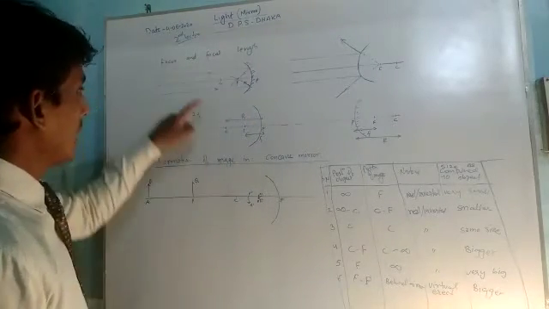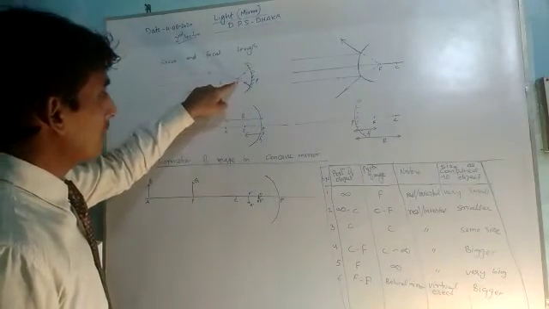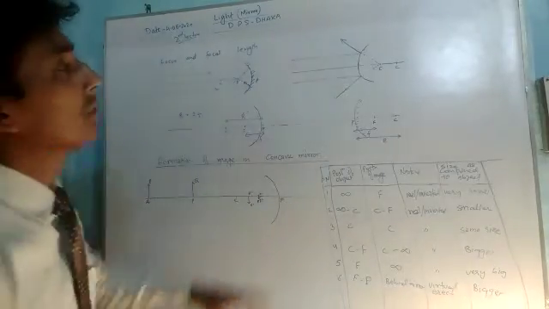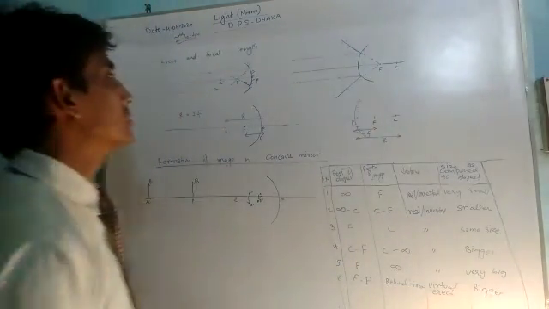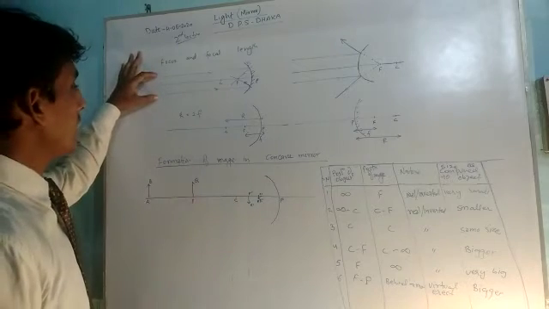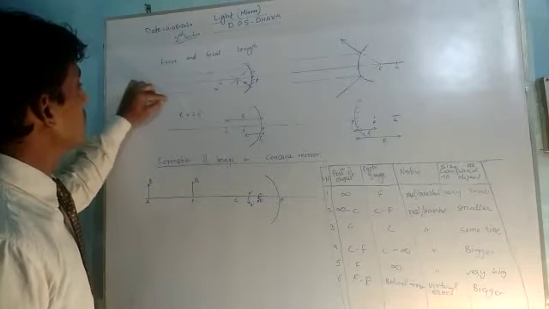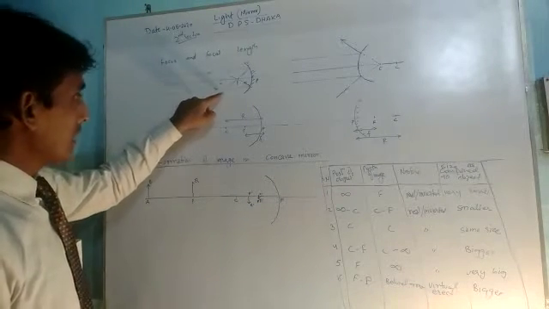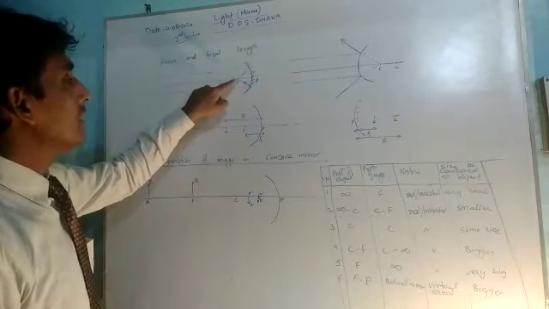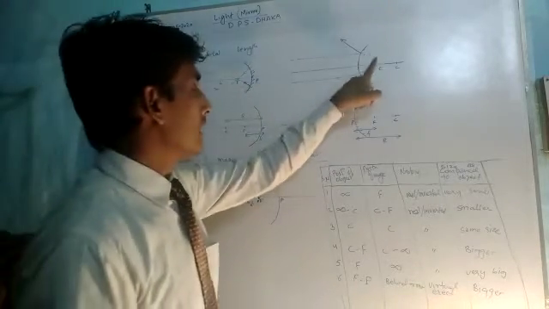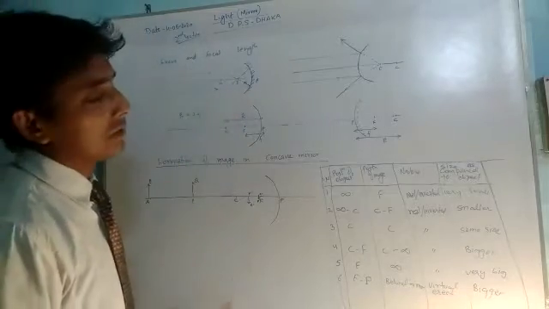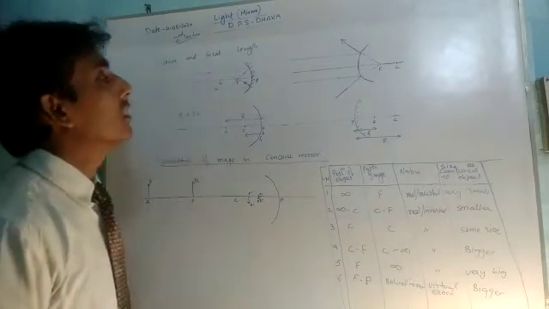Either it meets at the point or it appears to meet at the point. That point is called focus. The ray of light which is traveling parallel to the principal axis either meets at the point or appears to meet at the point after reflection from the mirror. That point is called focus.